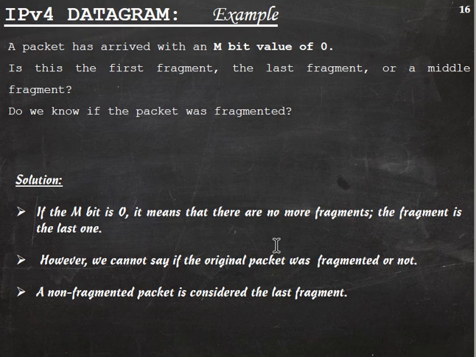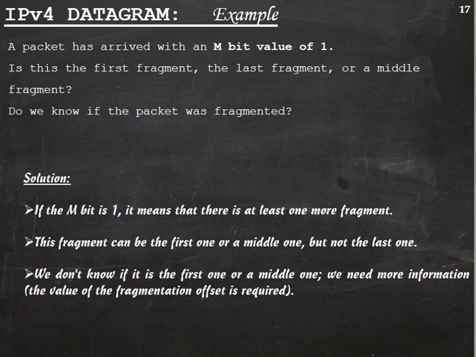The second part asks whether it is the first, last, or middle fragment. Since the value is 0, we can say it is the last fragment, but we cannot say whether the original packet was fragmented or not, and we can't tell whether it is a first or middle fragment.